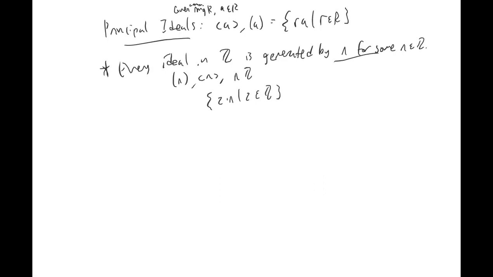If I ask you, can you prove to me every ideal in Z is generated by one element? So my question is, given an ideal I in Z, show I equals nZ for some n. Can you at least explain to me why that's true, even without a proof?